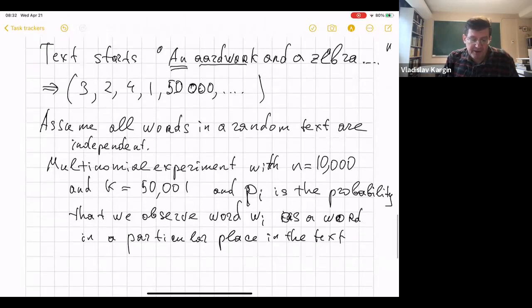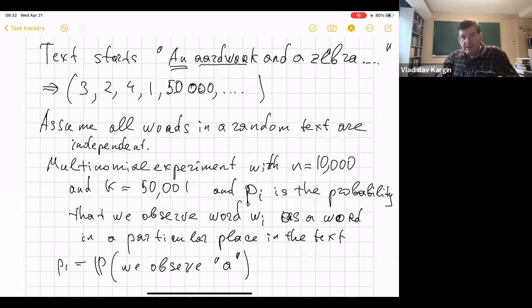For example, here p1 will be equal to the probability that we observe the word A in a specific place in the text.